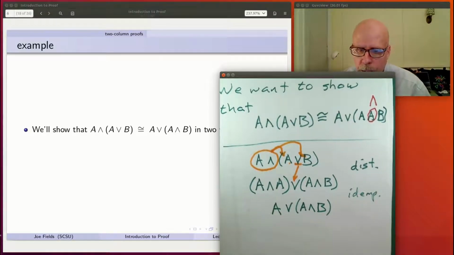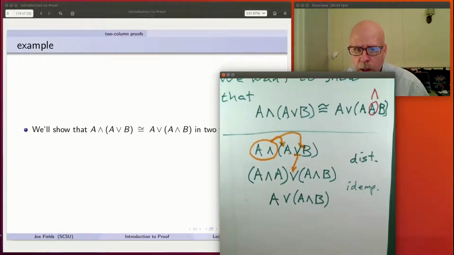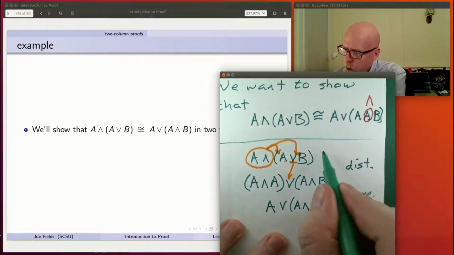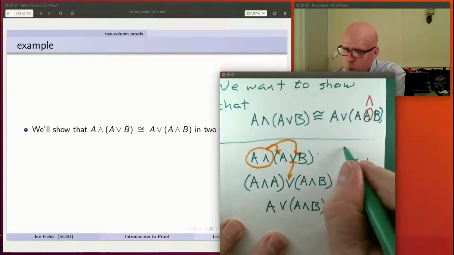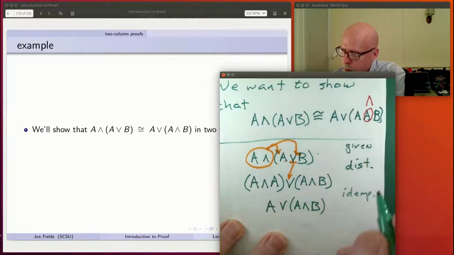Idempotence. Great. Are we there yet? We are. Awesome. So I'll mention that the first line is often, if you put an explanation next to it, you'll say that's given. And this is the desired result.